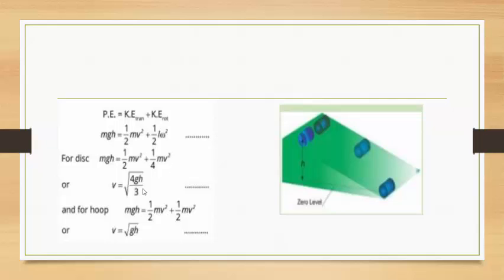The same process will be repeated for the hoop, and we have just calculated the kinetic energy of hoop, which was equal to half mv square. So after inserting this value, we will get the velocity of hoop here, which is under root gh.